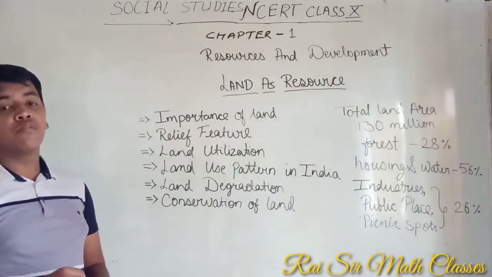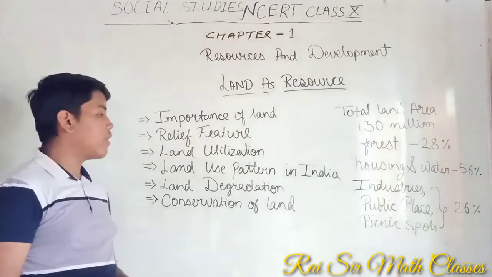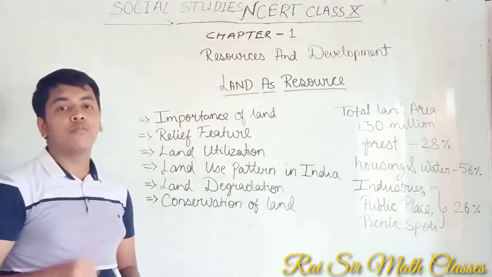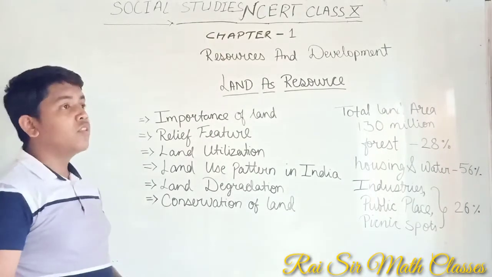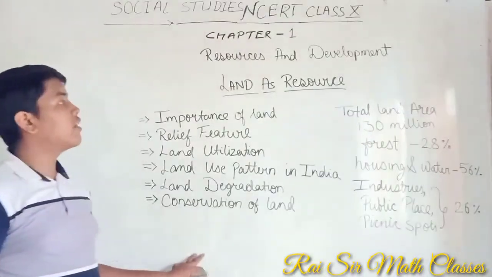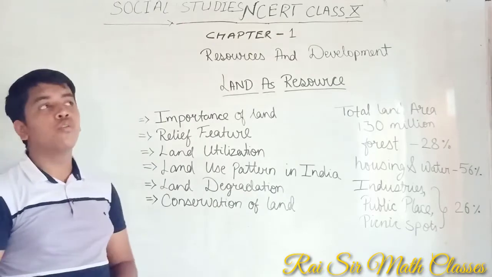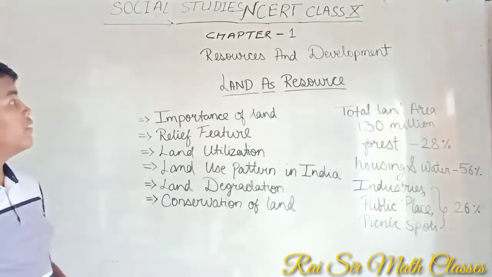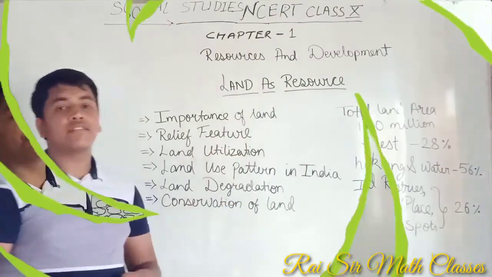From soil erosion we have to conserve our land by planting more and more trees, and it also helps us from the wind. So these are the points that we have to know in this chapter and in the topic land as a resource.